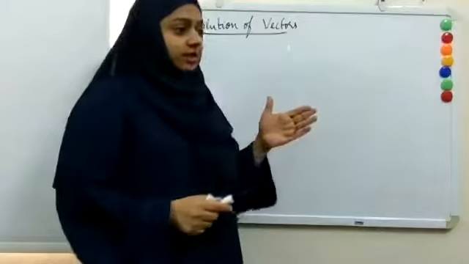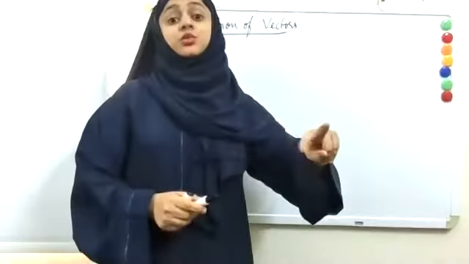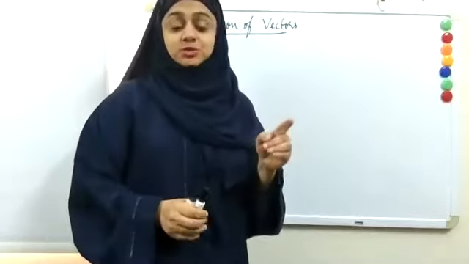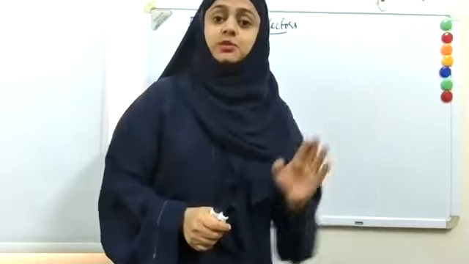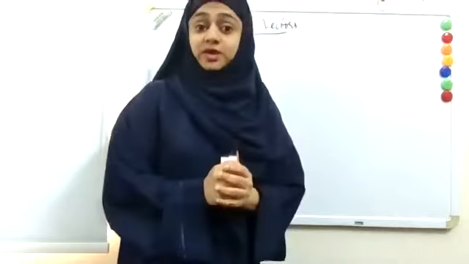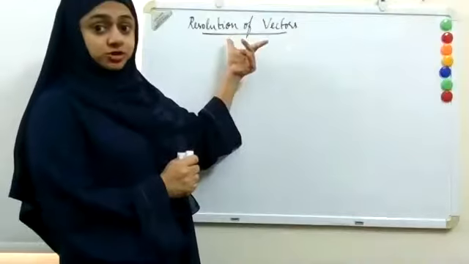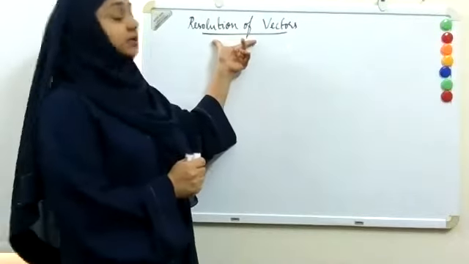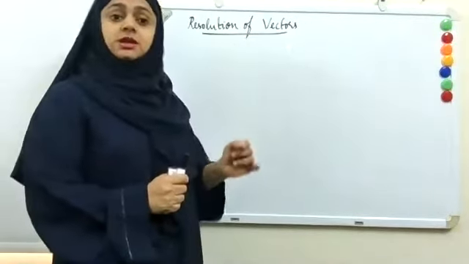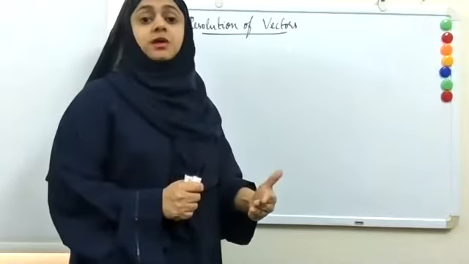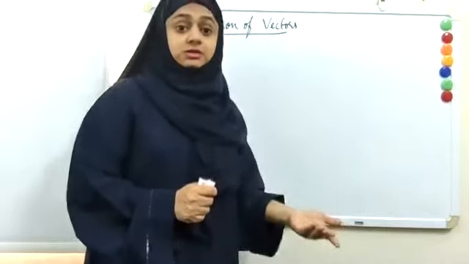So we can divide any vector into two vectors as well, which means we can express any vector as the sum of two vectors. That is called resolution of vectors. So resolution of vectors means representing a vector as the sum of other two vectors.